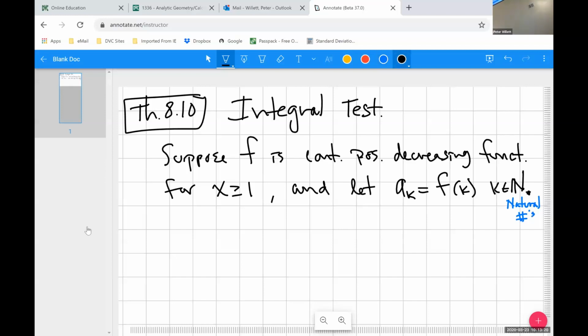All right. So what this means is we have some function and we have a sequence where the terms of the sequence are the same thing that the function would give you if you plugged those nice natural numbers into the function.